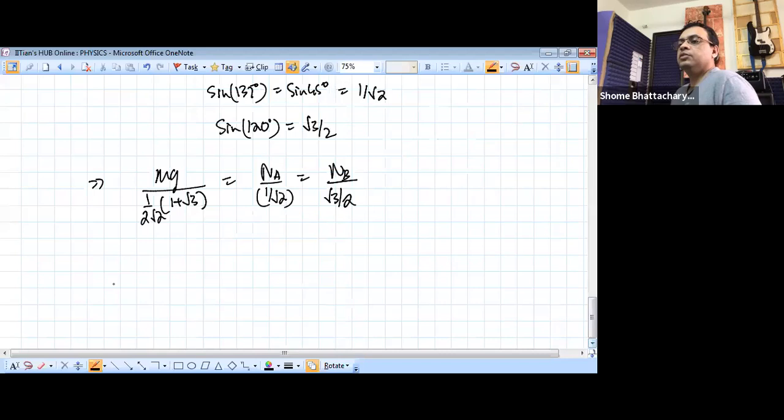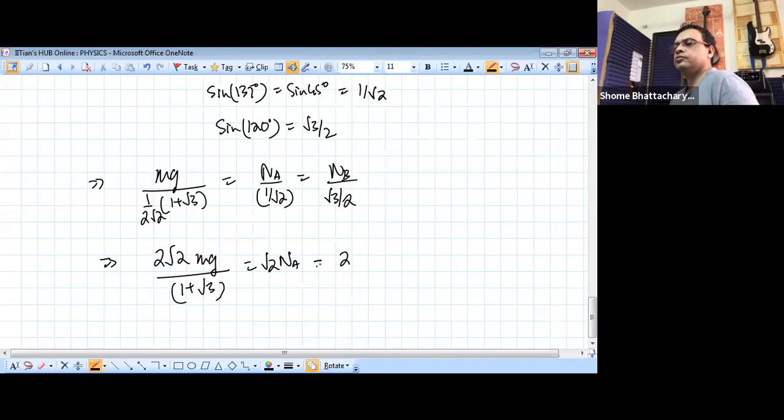Or we can simplify this a little bit more. So 2 root 2 mg upon 1 plus root 3 should be equal to Na into root 2, is equal to 2 by root 3 times Nb.